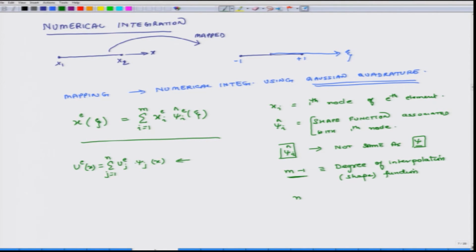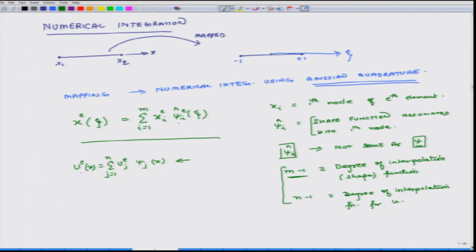Here psi j is the approximation function for u, here psi I hat is the shape function which helps us map between x and zeta domains. So, it is important to understand this, and here n minus 1 represents the degree of interpolation function for u. So, there is a distinction here. It is important to remember this distinction.